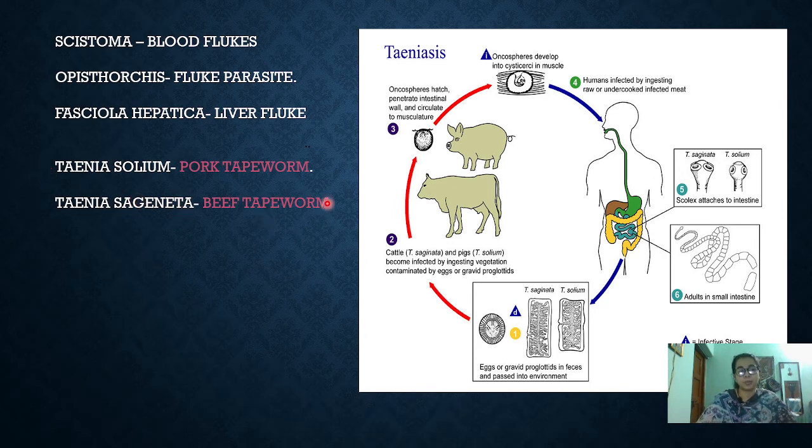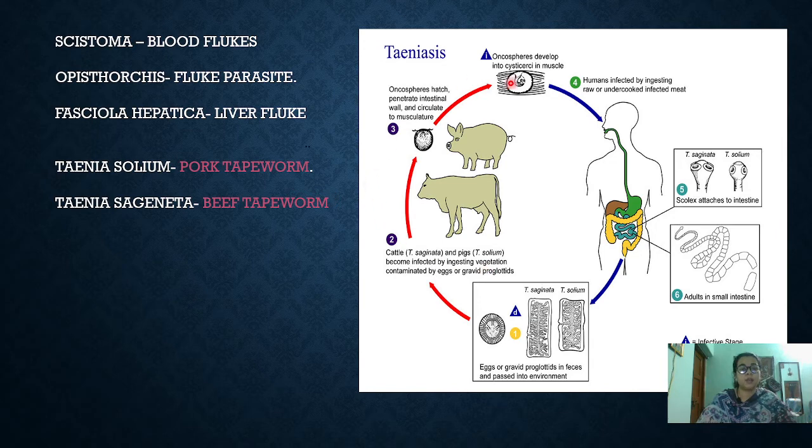And for the beef tapeworm, that is Taenia saginata, if cattle is the secondary host and man is the primary host, then the parasite which attacks is known as Taenia saginata. This is the difference between the pork tapeworm and the beef tapeworm, which is usually asked from an exam point of view.